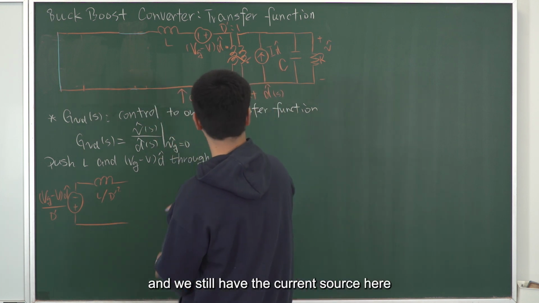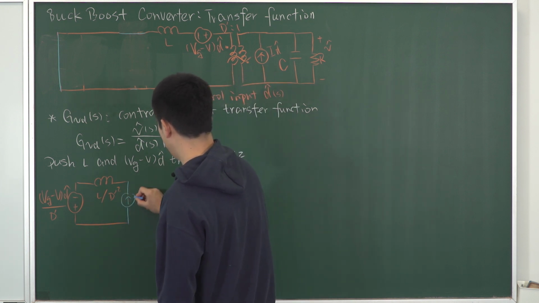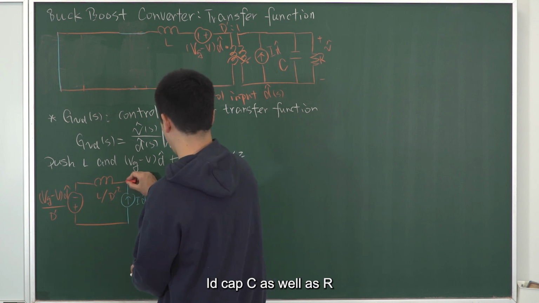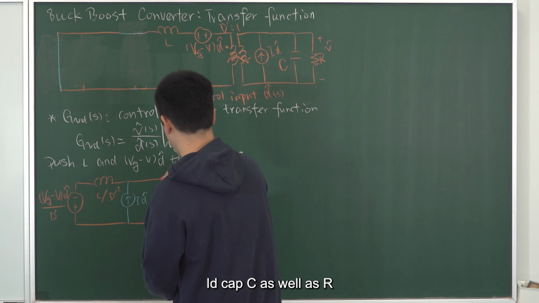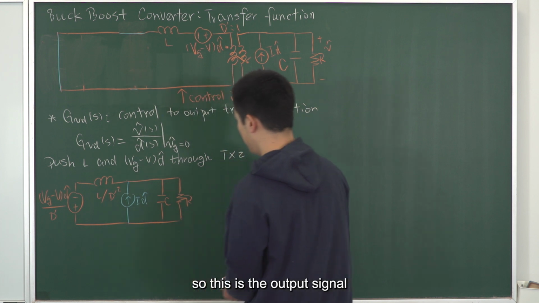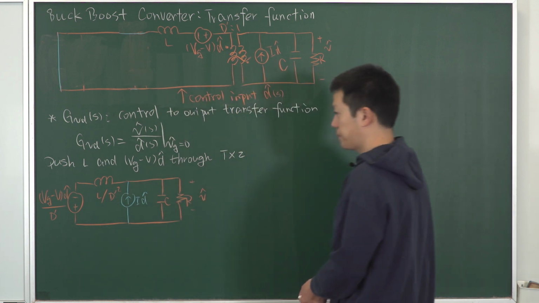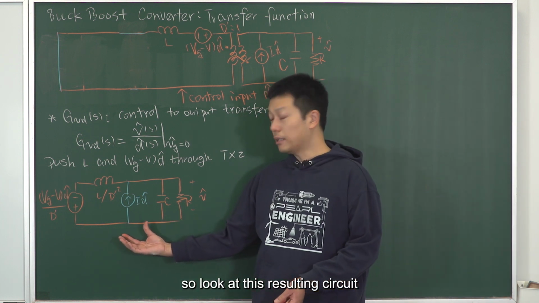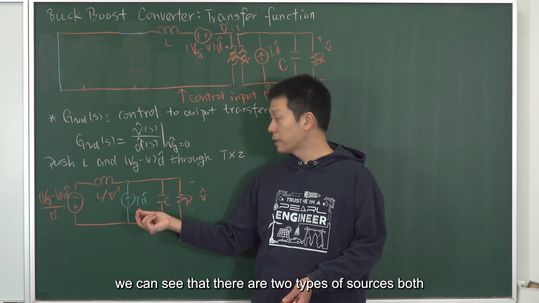And we still have the current source here, I D cap, as well as C and R. So this is the output signal. So look at this resulting circuit. We can see that there are two types of sources.